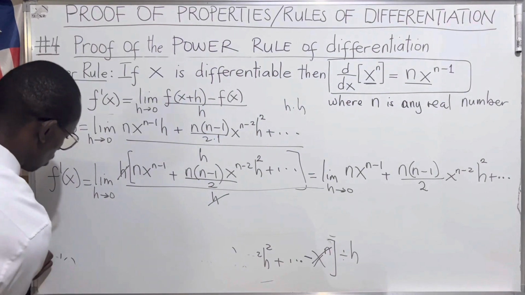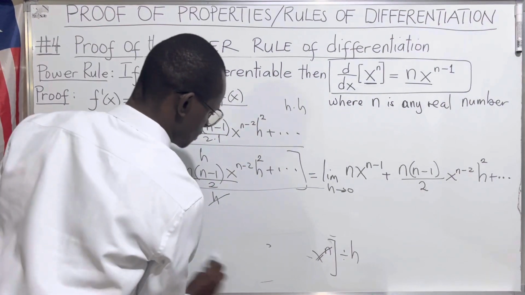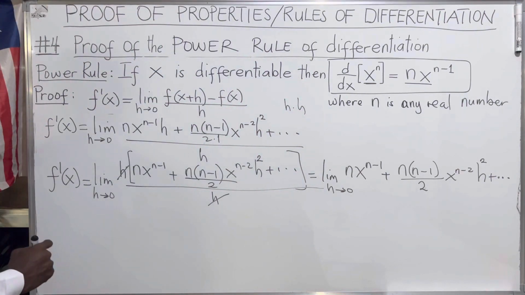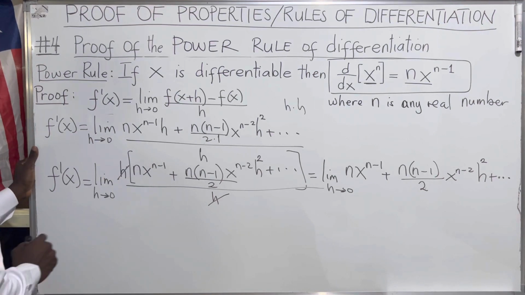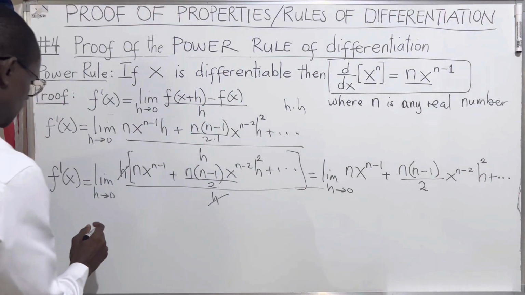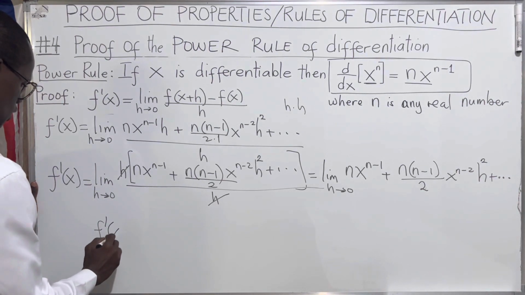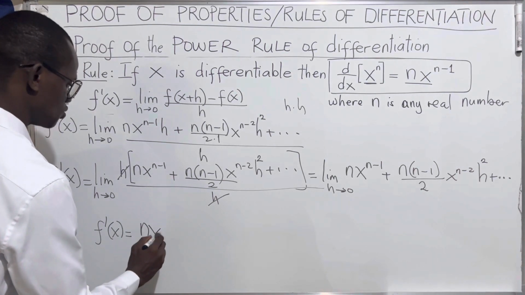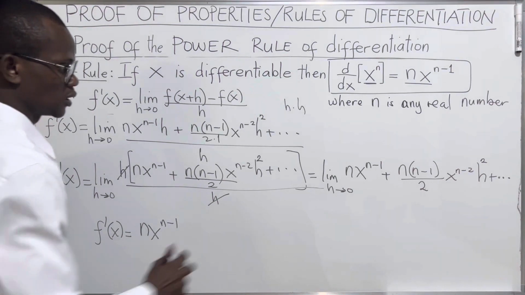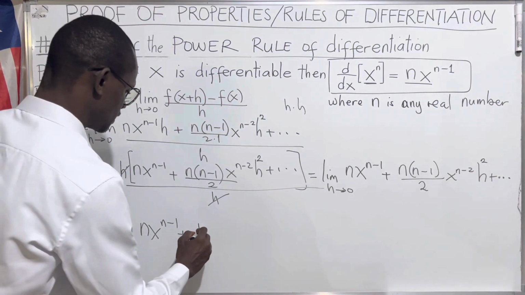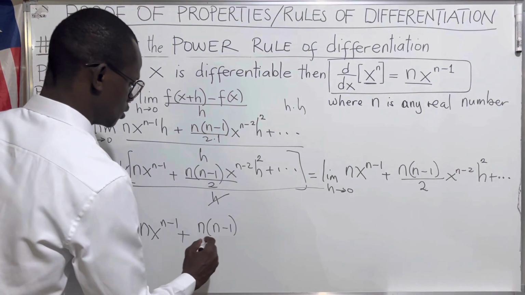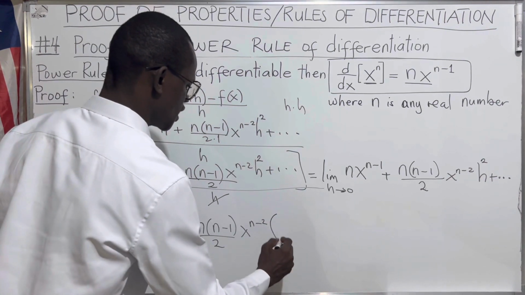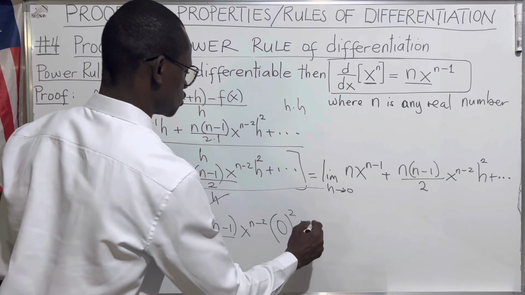Since there is no denominator h that was always taking the problem to an undefined statement, we can now apply the limit. So wheresoever we see h, we can now replace h with 0. The first term is n x raised to the power n minus 1, plus the second, n minus 1 all over 2 times x raised to the power n minus 2 times h, which is now 0, raised to the power 2 plus dot dot dot.